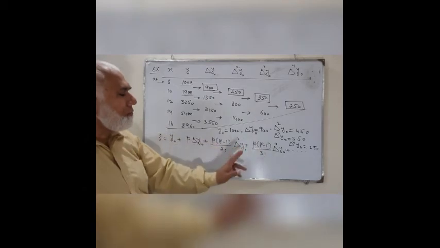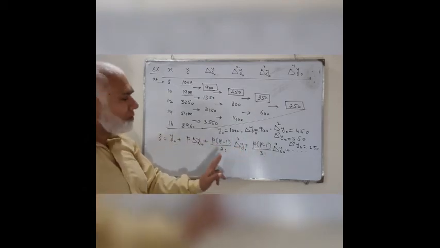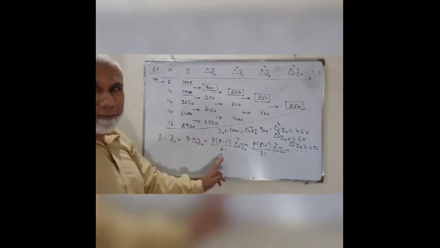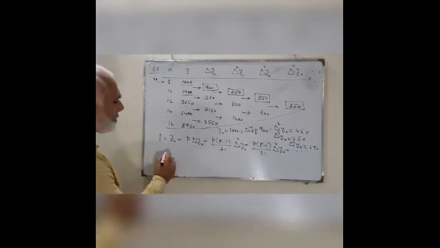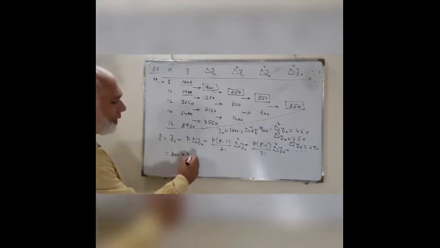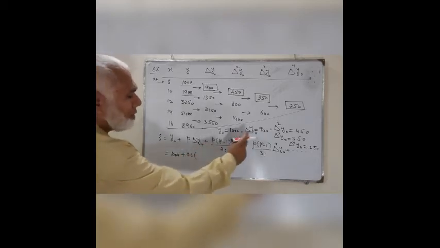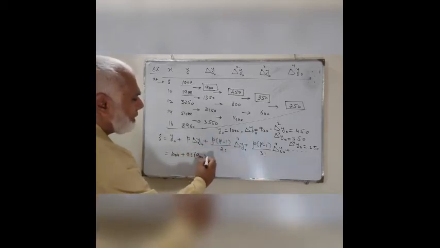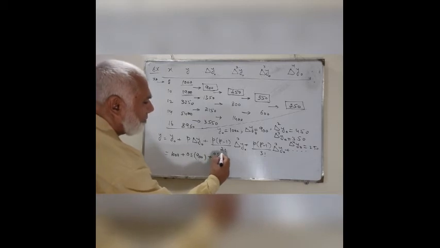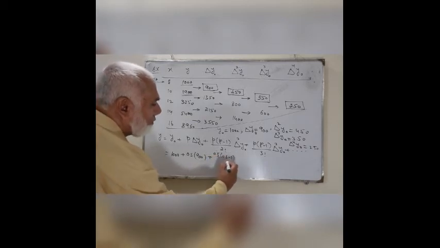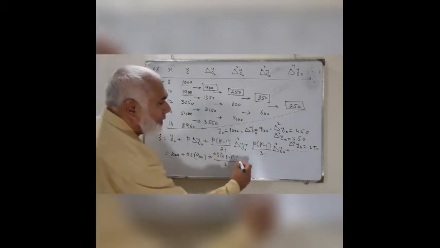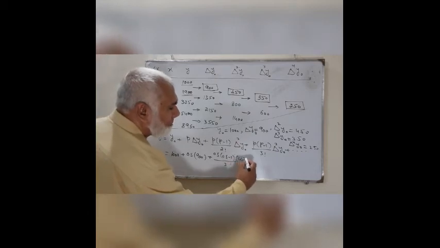Now after writing this, the formula is still there. I am just putting the values in. On substituting the values, y0 is 1000 plus p, which is 0.5, times delta y0, 900, plus p into p minus 1 over 2, that is 0.5 into 0.5 minus 1 over 2, and delta 2 is 450.